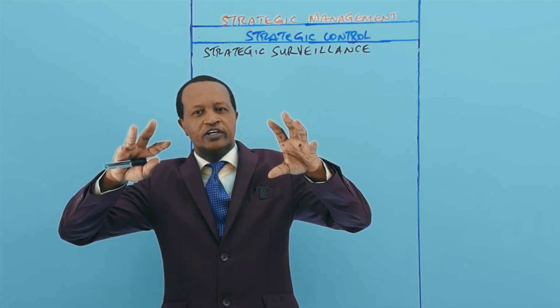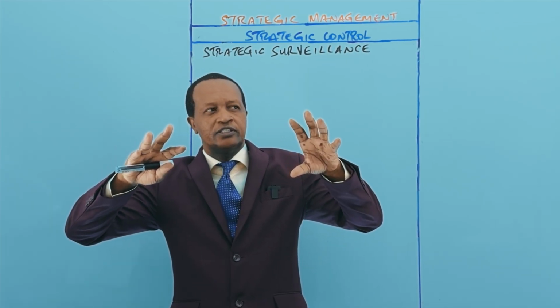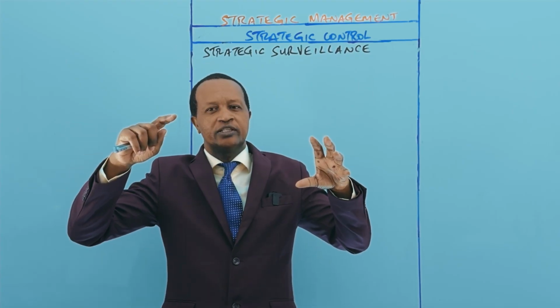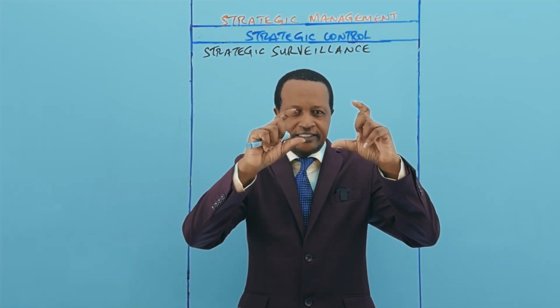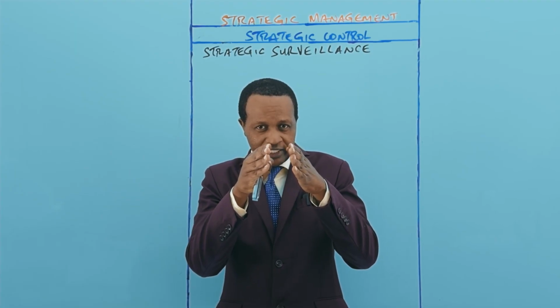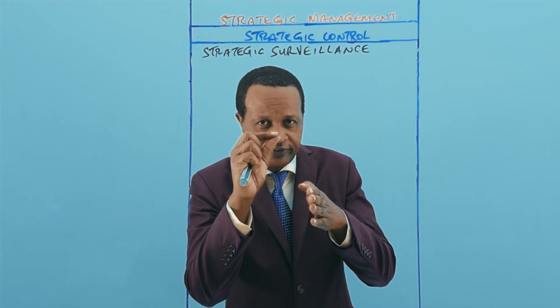You can think of strategic surveillance as scanning the horizon with a wide lens rather than looking through a telescope at a specific target.